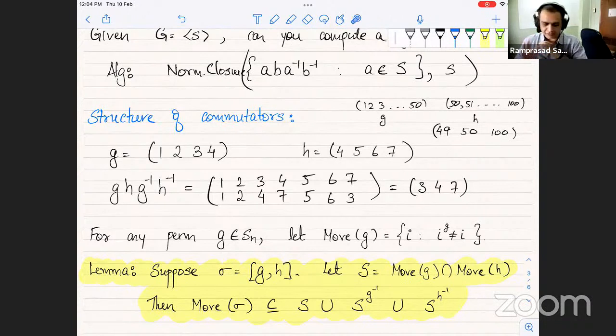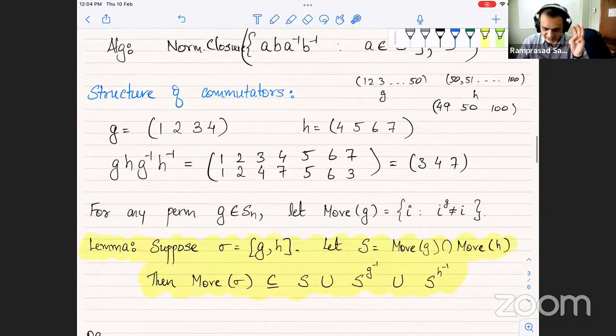Then if you ask, what are all the elements moved by sigma? They fall in these 3 categories. Either it's one of these common elements, or it is something in the set of all i such that i power G is an element of S. That is the things that G moves to this common set.